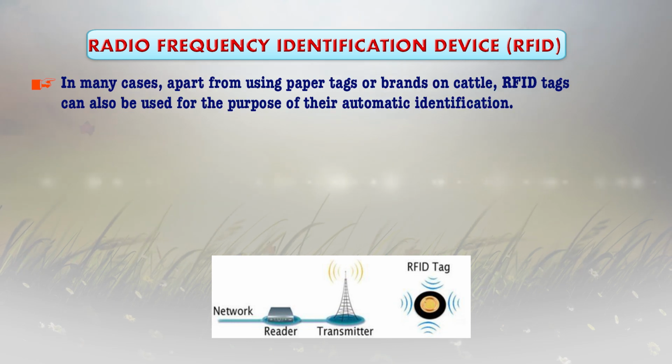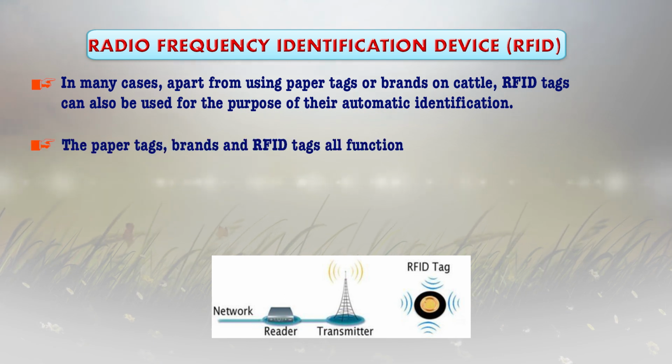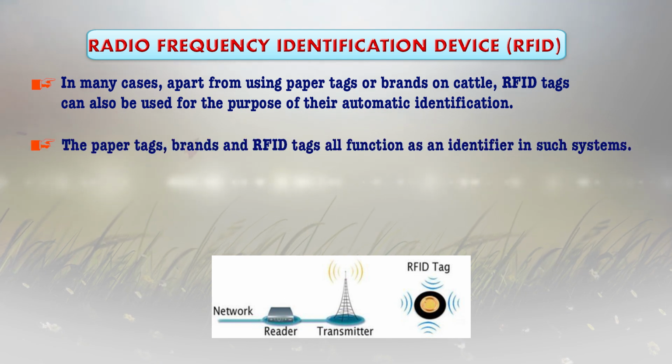In many cases, apart from using paper tags or brands on cattle, RFID tags can also be used for automatic identification. The paper tags, brands and RFID tags all function as identifiers in such food products or systems.